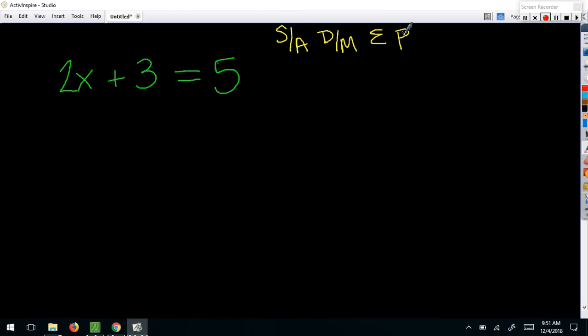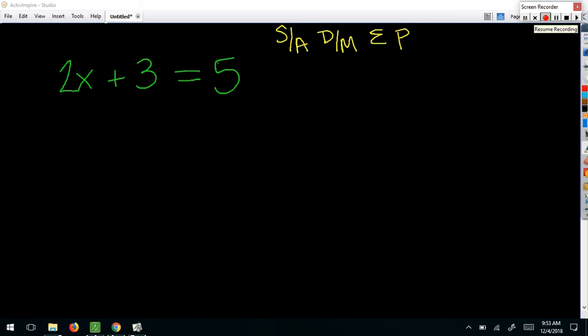I remember I got y'all to write it at the top of your paper every time you were solving to make sure you were going in the right order. We go in backwards order of operations, okay? Addition, subtraction first, then multiplication, division, then exponents, and then parentheses.